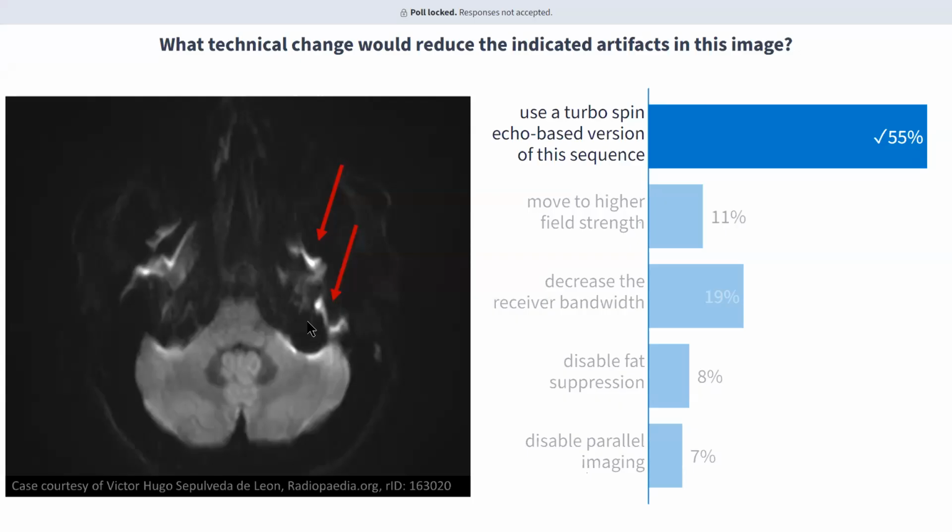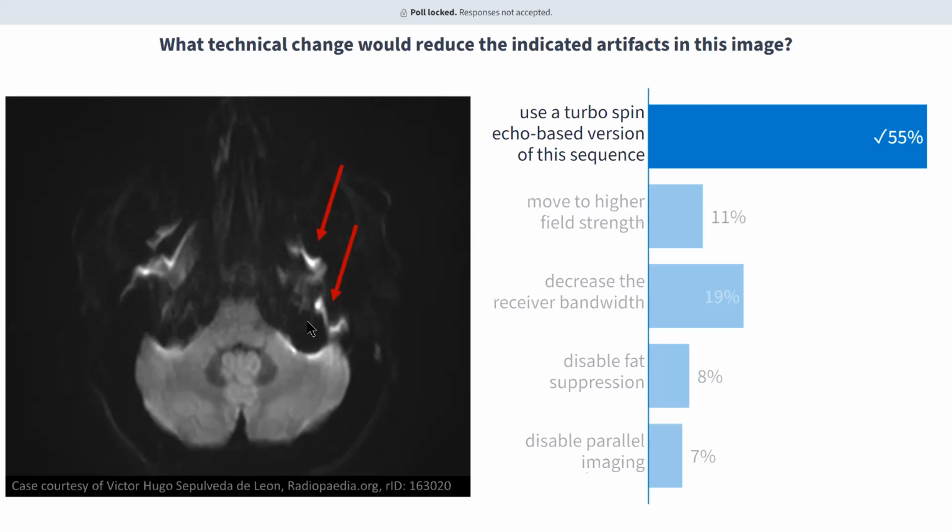And so the main way to reduce these distortions and signal pileup artifacts on DWI is alternative ways to traverse k-space, the most common of which can be grouped under the umbrella of non-EPI based DWI techniques. An example of this would be HASTE, which is a turbo spin echo based version of DWI. Other people use BLADE or PROPELLER, which traverses k-space in a radial fashion rather than a zigzagging EPI manner.